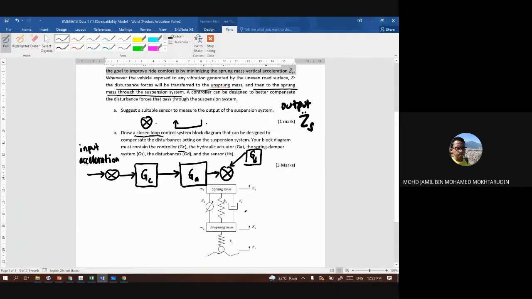So before the spring damper system is your disturbance. Then after that, you put the block for the spring damper system and then output. So we need to add the sensor. The sensor is at your feedback.